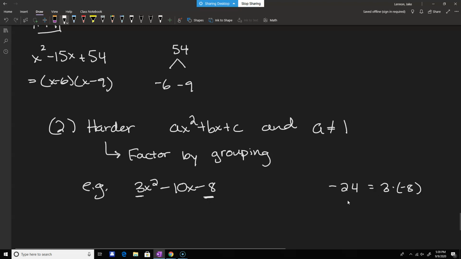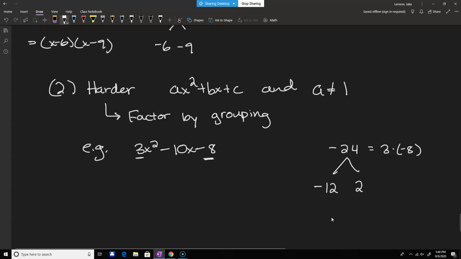So then what we want to do is look for two numbers that multiply to negative 24 but add up to negative 10. Okay, so when you have two numbers multiplying to a negative, you know one of them has to be positive and the other one has to be negative. So the numbers that work here are negative 12 and positive 2, right? And that's what we're going to use.